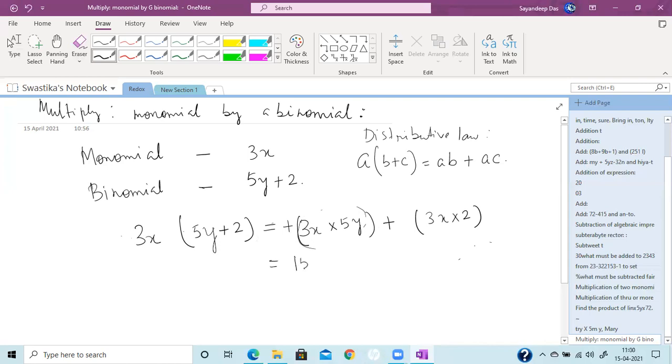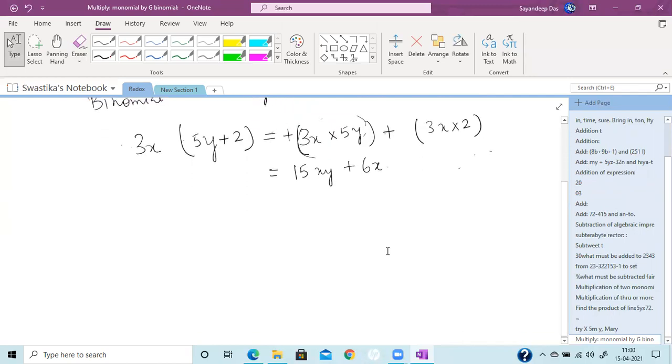So it is 15xy. Then you see here 3x is positive, plus 2 is also positive. So you are multiplying the two signs, plus into plus. Therefore here it is plus. So 3x into 2 is equal to 6x. This is your answer, and this is the way you must multiply a monomial with a binomial.